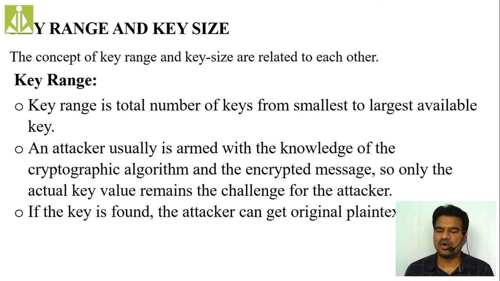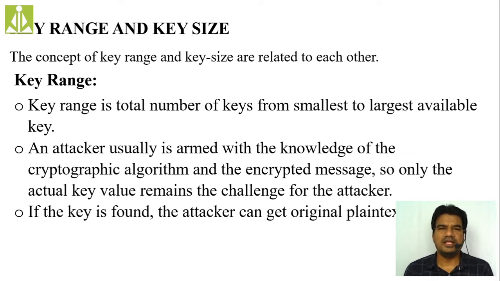These two are very important, and why they play a vital role in the process of cryptography, that also we have to discuss. The key size and the key range. Basically these two things are interrelated. If you make some change in the key size, automatically the key range will also change.